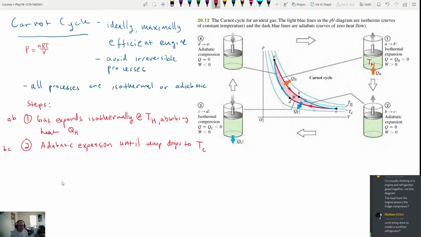Okay, so the next step, we got to go from C to D now. So step 3, this is going to be another isothermal process. So this will be isothermal compression. And this one occurs at TC.